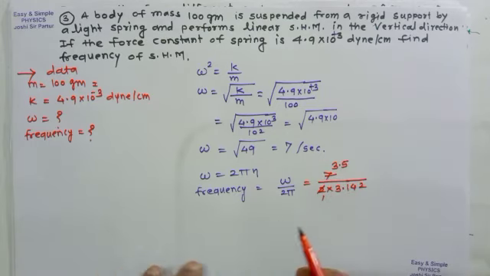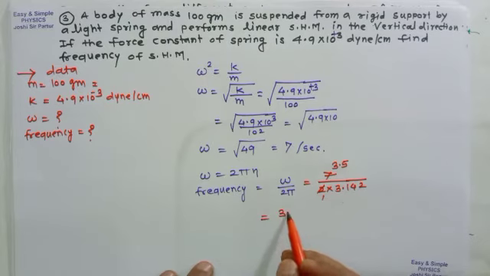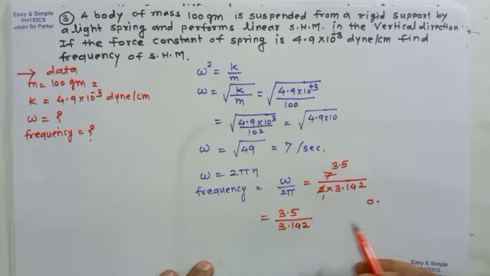So by using logarithm, 3.5 upon 3.142, the characteristic will be 0. Subtraction is there.